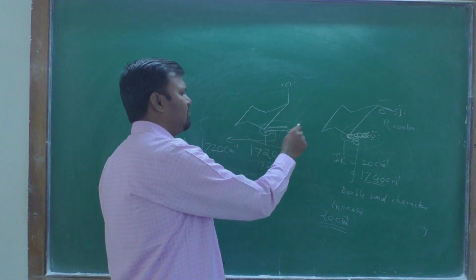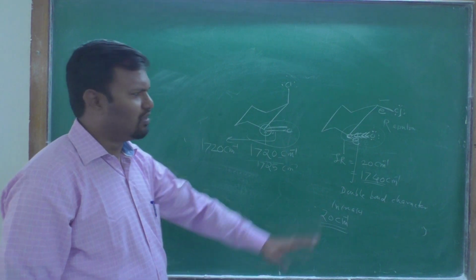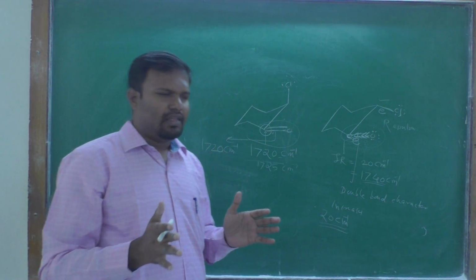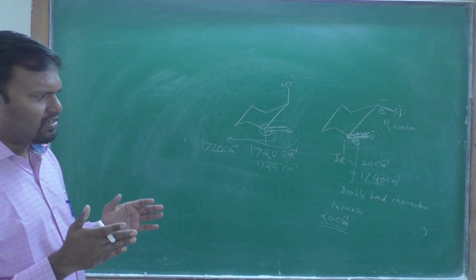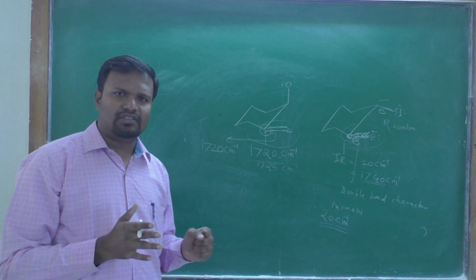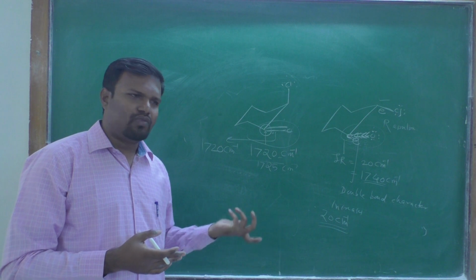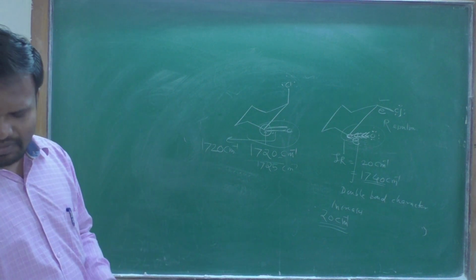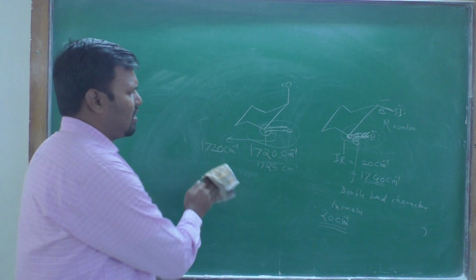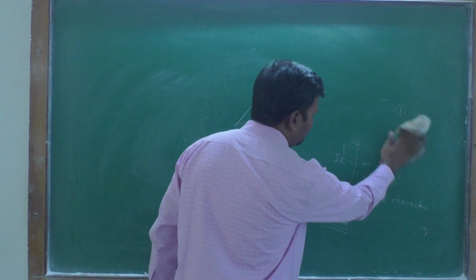No compression takes place because there is no repulsion. In this case repulsion is there, carbon will get compressed, its double bond character increases, its strength increases, therefore higher frequency is required for the vibration. That's why it appears at the higher frequency. This is all about this.